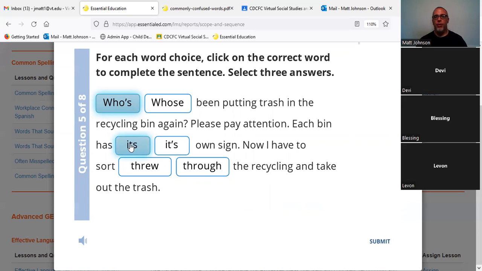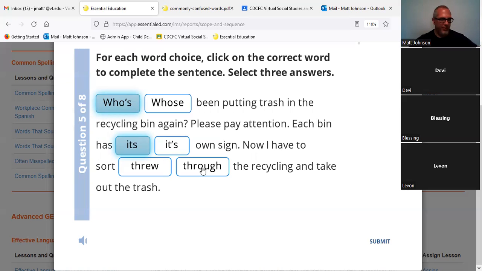Now I have to sort through the recycling and take out the trash. We didn't talk about this one, but THREW is the act of throwing something, right? It is the past tense of throw. Through means to go all the way through, or passing through something. So THROUGH, because she is sorting through the recycling, right?